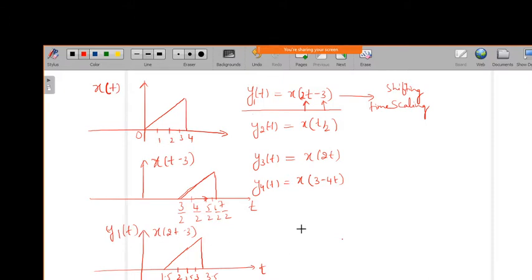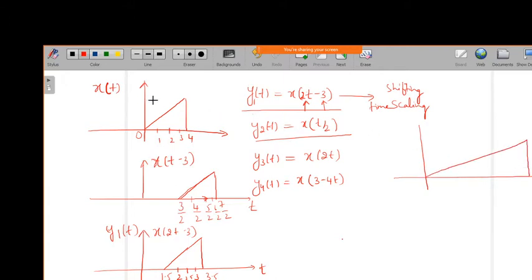Okay, now you do t by 2. It will go from 0 to 8.